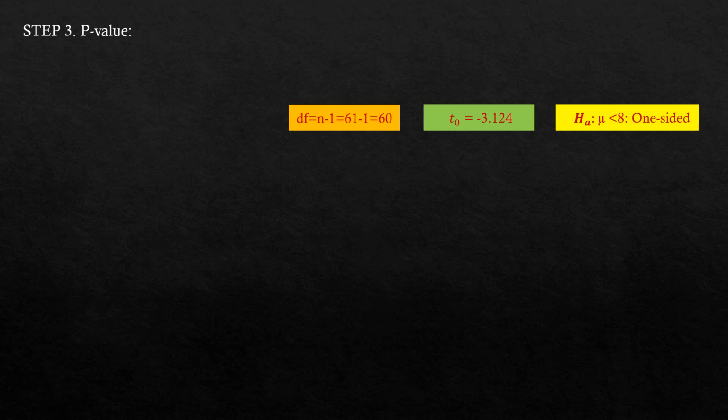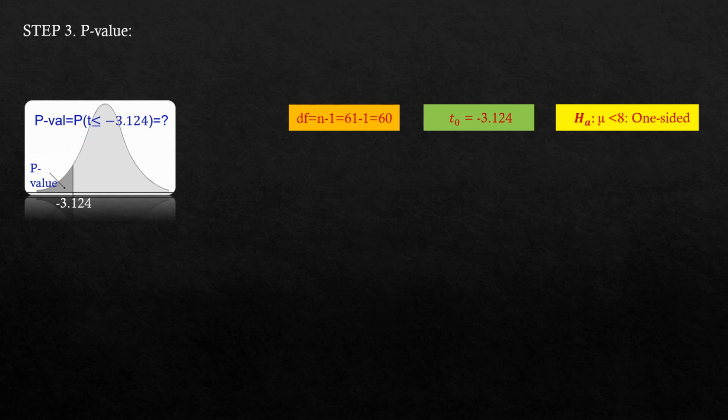Degrees of freedom is 60. It is n minus 1. Then we need the test statistic. Yes, we have it, it is negative 3.124. Therefore, the p-value should be the probability of t less than or equal to negative 3.124. Again, that means the area under the curve to the left of negative 3.124.